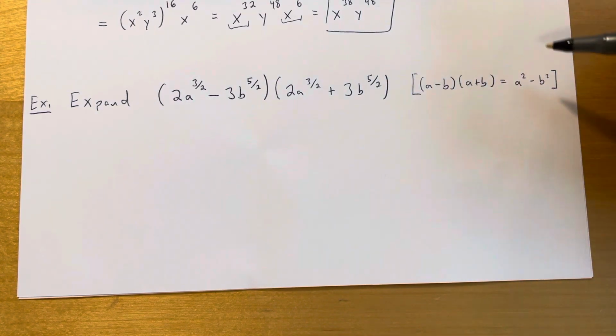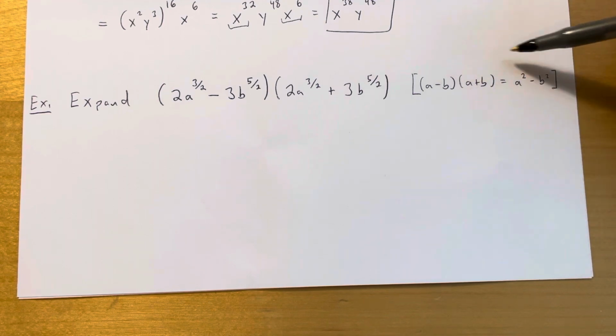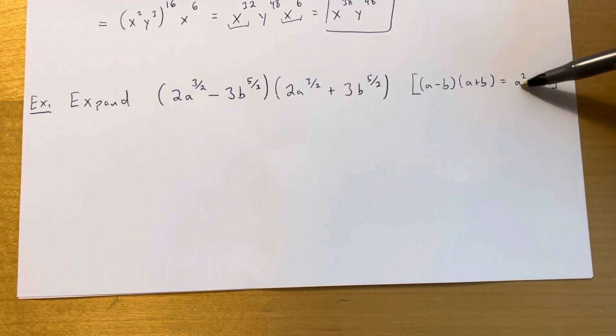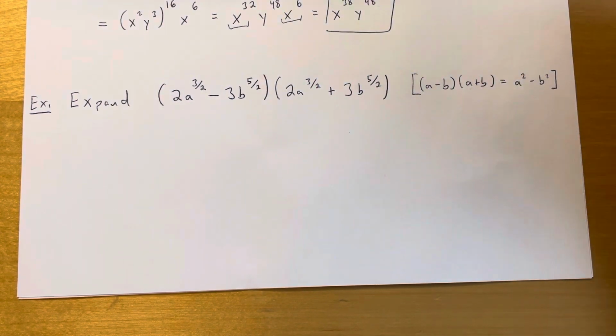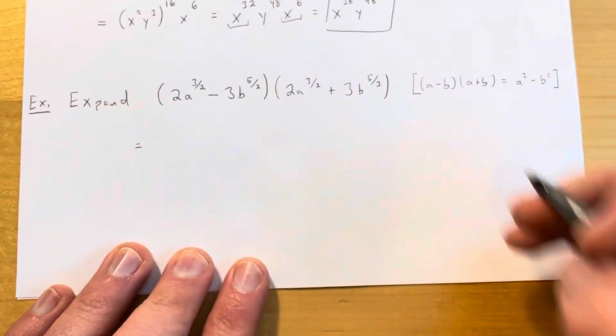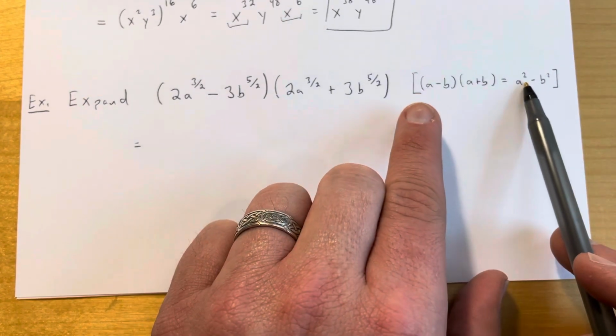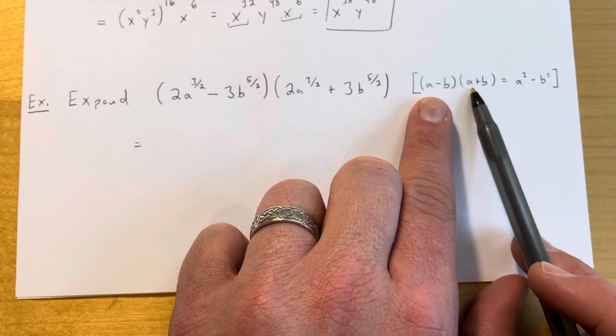And you would get that if you did the FOIL technique, because two of your terms would end up canceling each other out and leaving you with just this. But generally, we want to just know that this technique works and jump straight to an answer where we have this, cutting out that middle step. So this is a difference of squares, which means when I multiply it out, I should get something of this form. So the a here means the first term in each of these binomials.